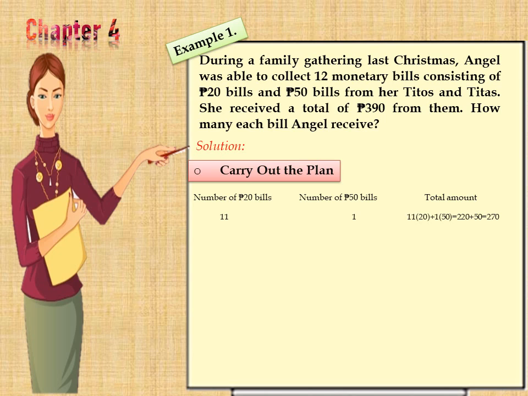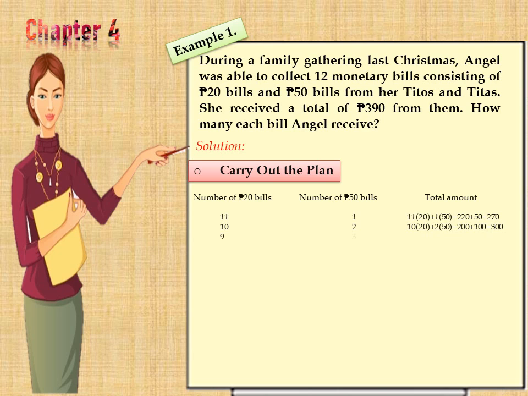The total amount would be 11 times 20 plus 1 times 50, and this will give us 270. Next, suppose there are 10 20 peso bills and 2 50 peso bills. The total amount would be 10 times 20 plus 2 times 50. This will give us 300.